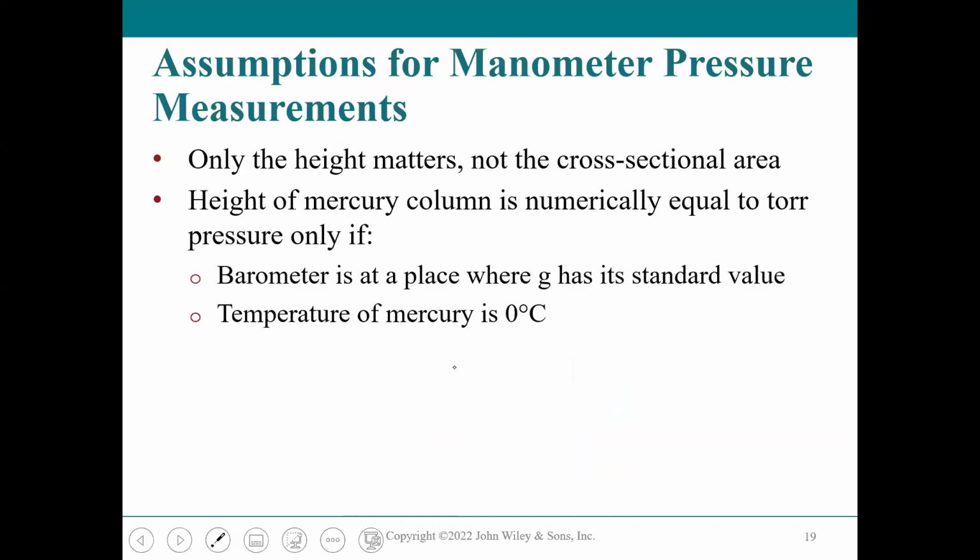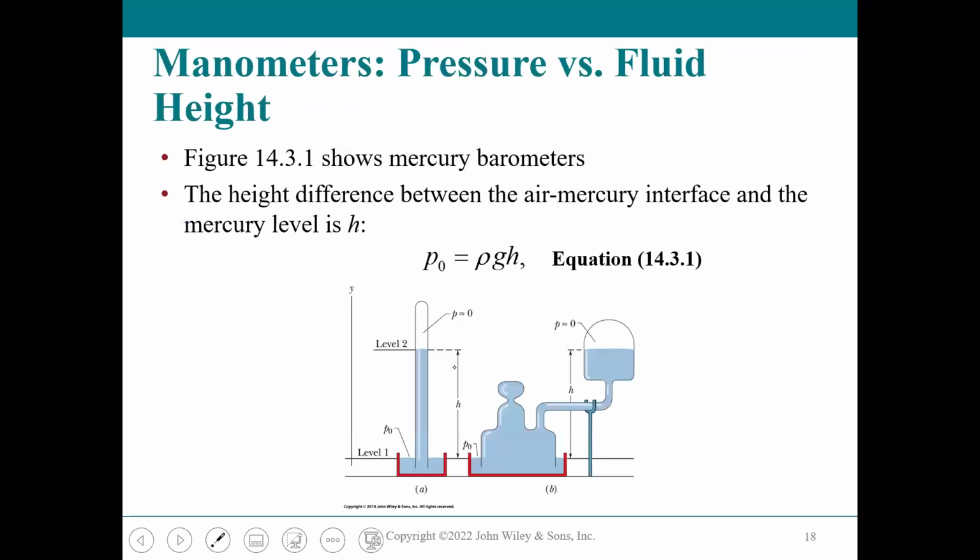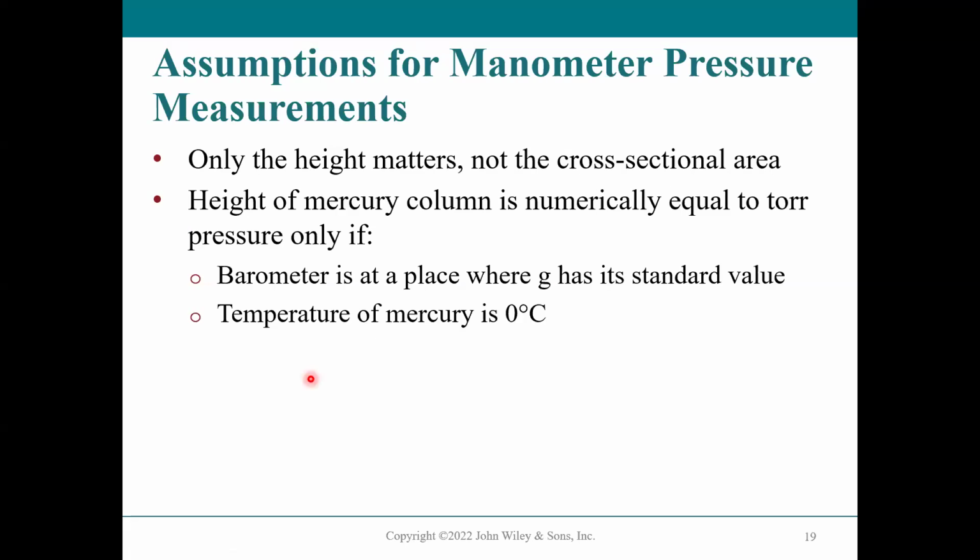Okay, only the height matters, not the cross-sectional area. The height of the mercury column is numerically equal to the pressure in Torr, only if the barometer is at a place where G has a standard value and the temperature of the mercury is 0 degrees Celsius.